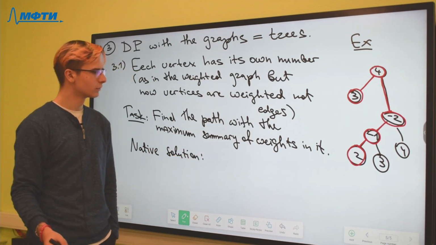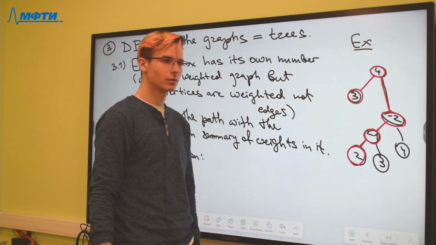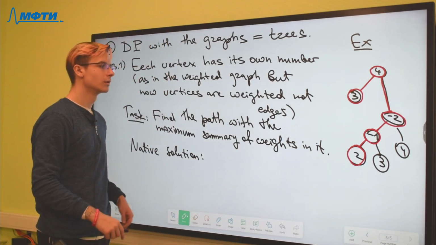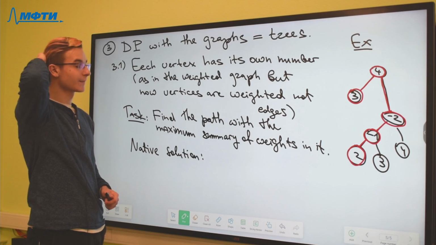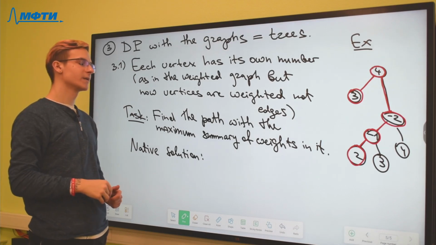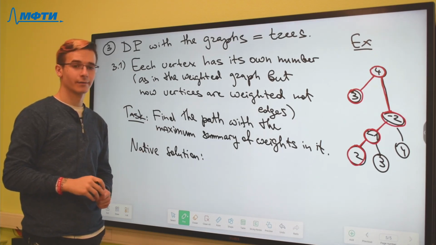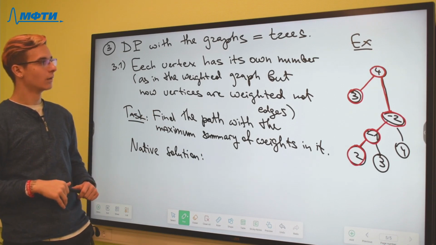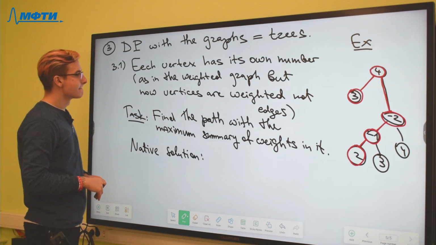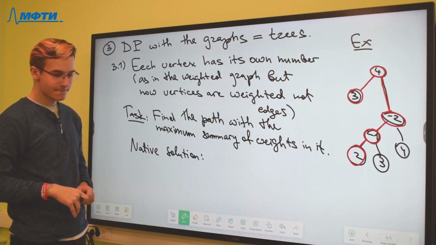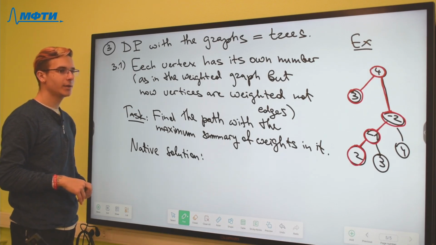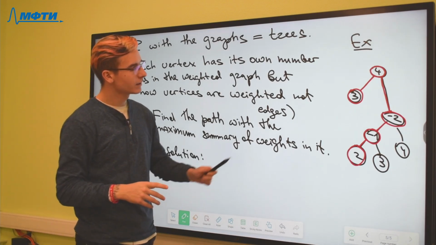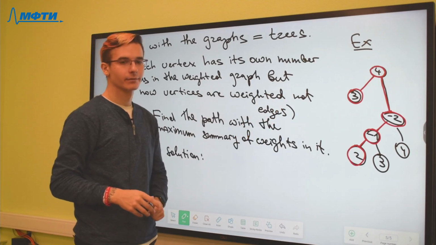No, it's not DFS. How many paths are in this graph? How many paths are in the graph?